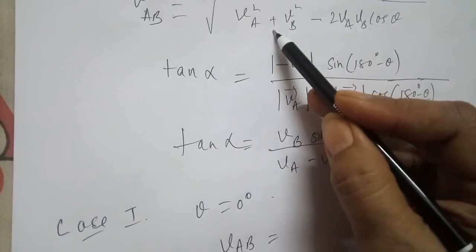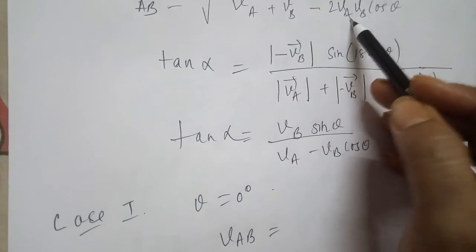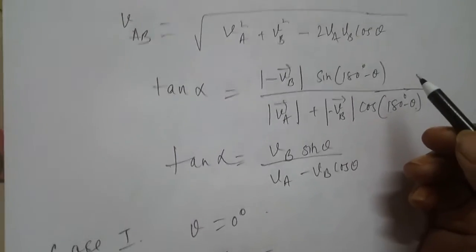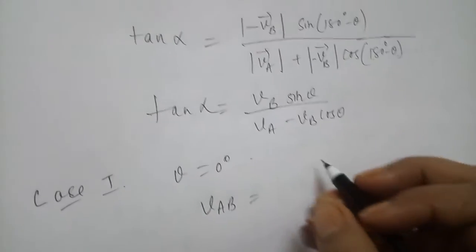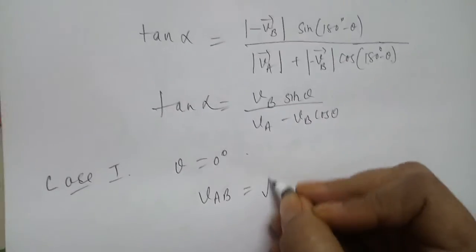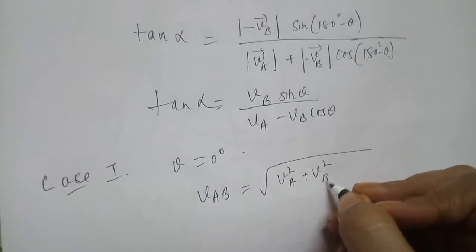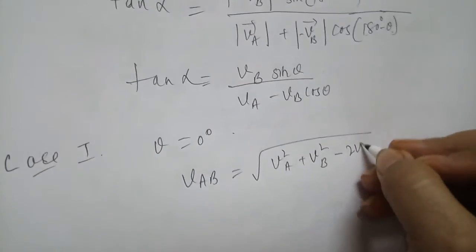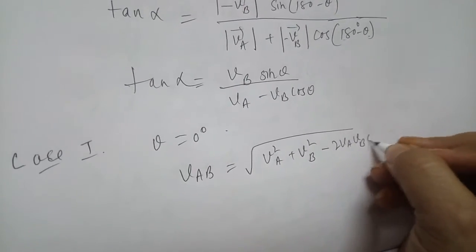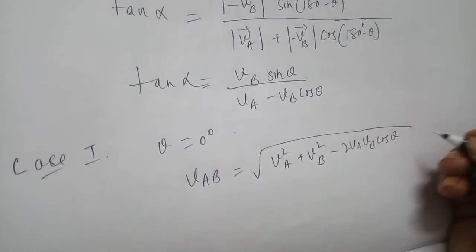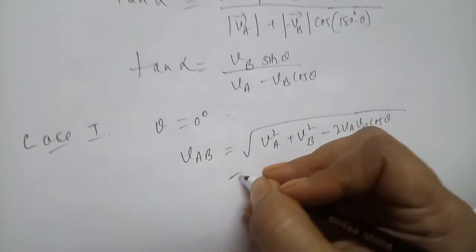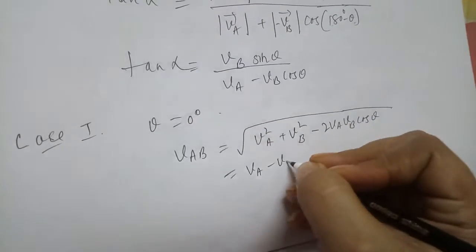It simply means it's va minus vb, the whole square. So ultimately what we are getting is the difference of the two vectors. So we can write this as v square a plus v square b minus twice va vb cos theta, and theta is 0 degrees, so we get va minus vb.